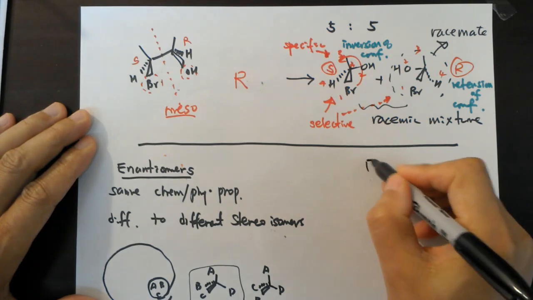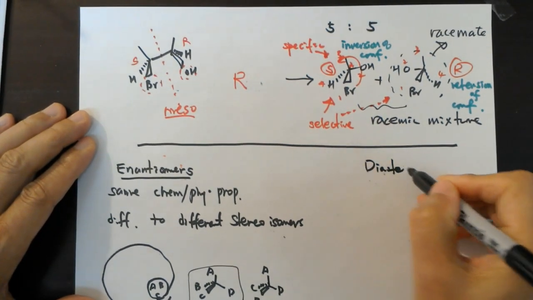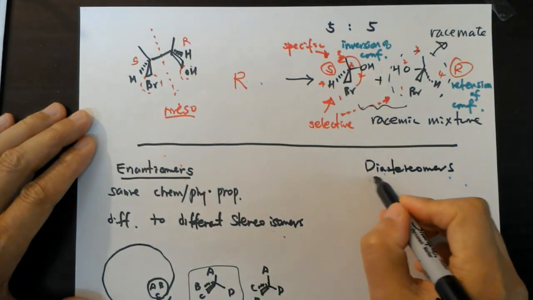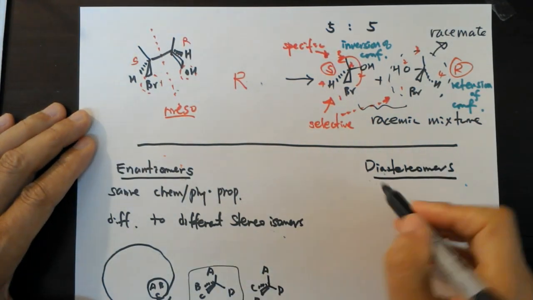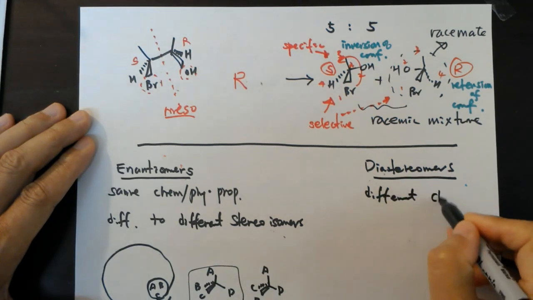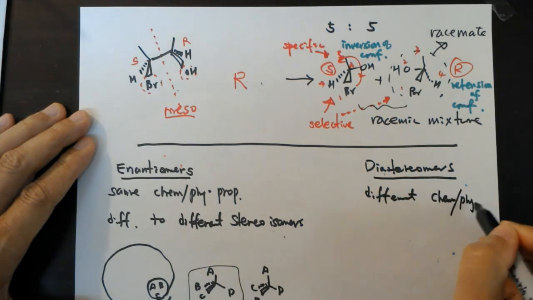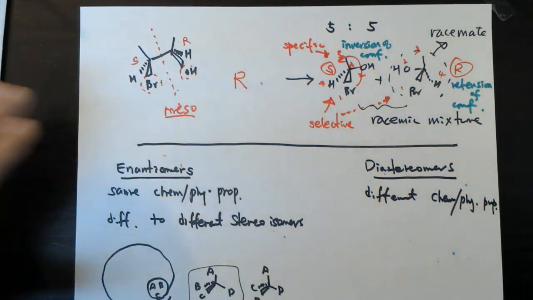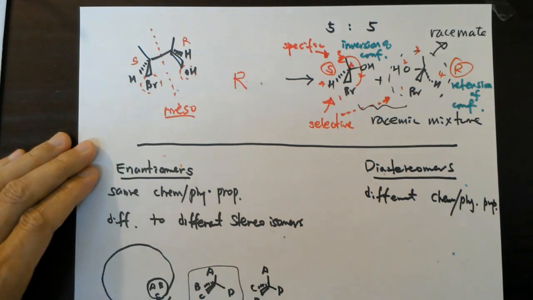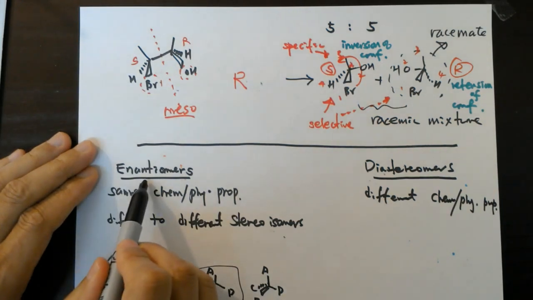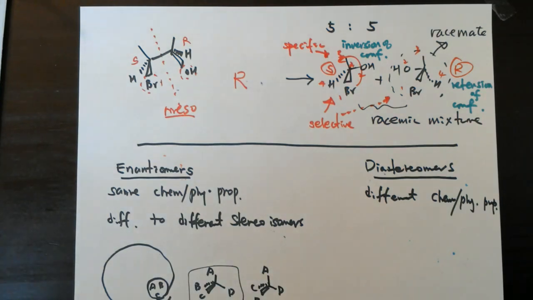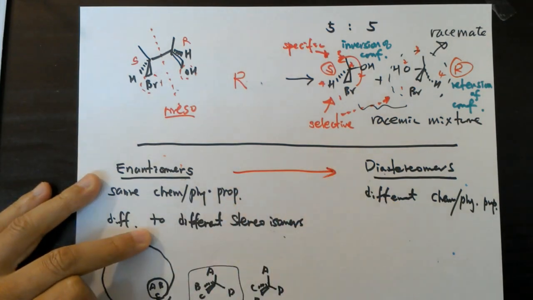Meanwhile, diastereomers we talked about have completely different chemical and physical properties. So if we want to separate the enantiomers, we have to convert them to diastereomers.